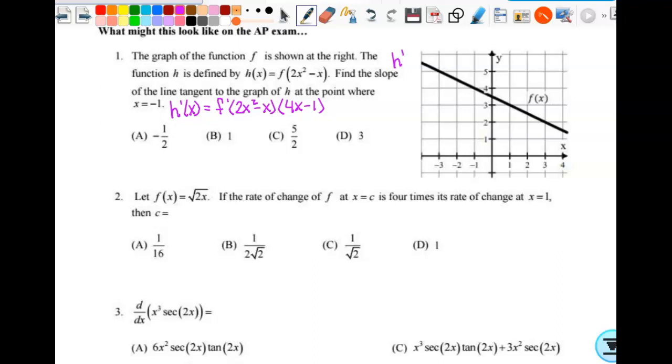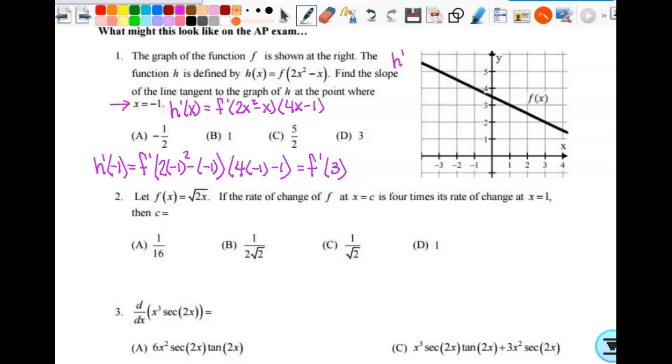So now what I want is where x equals -1, so I need h prime of -1. That's going to equal f prime of (2 times -1 squared minus a -1) times (4 times -1, minus 1). I'm just substituting in a -1. So -1 squared is 1, times 2, minus a -1 is 3, right?